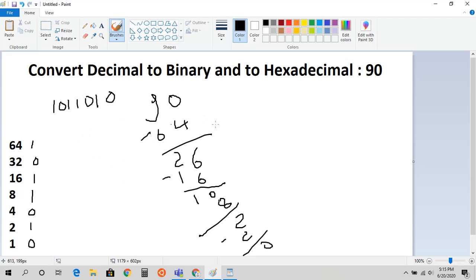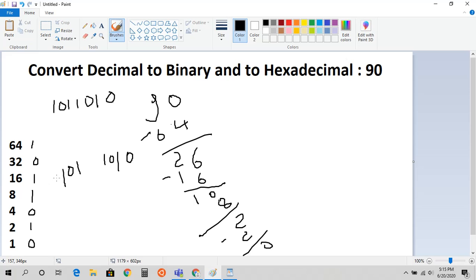The next step is to separate the binary number into chunks of 4. So 1 0 1 0 is one chunk of 4, and 1 0 1 is the second chunk.